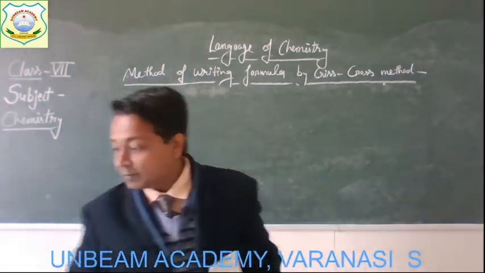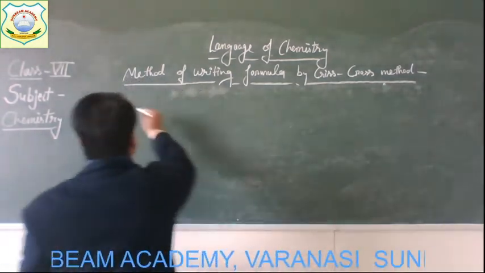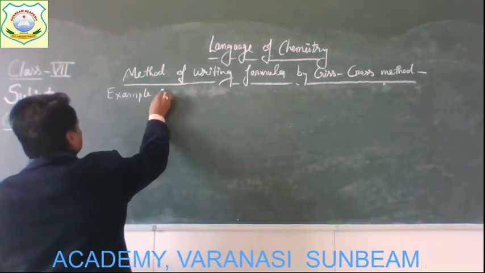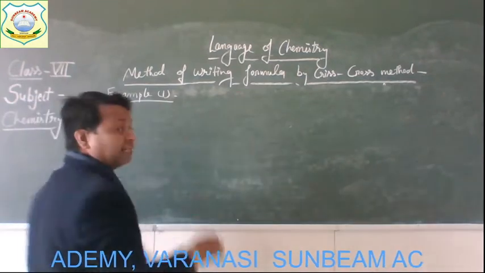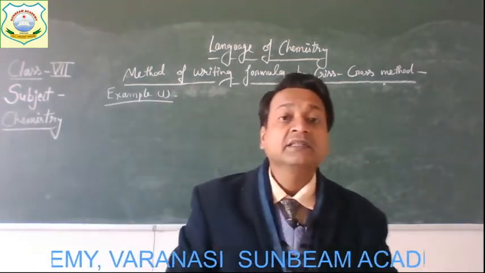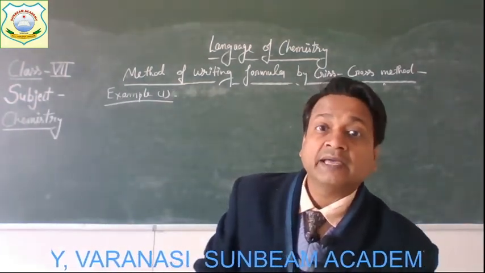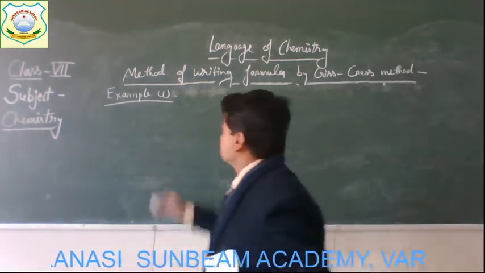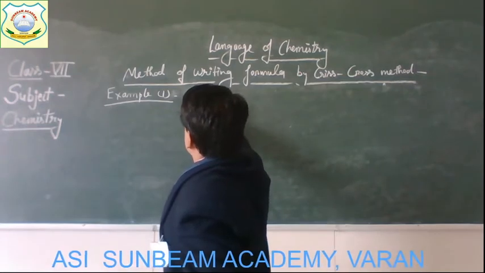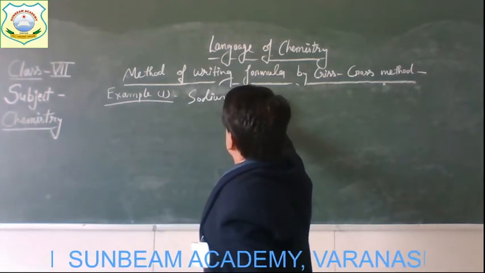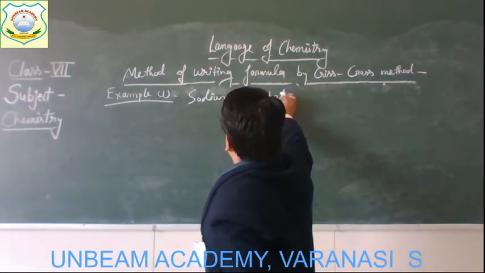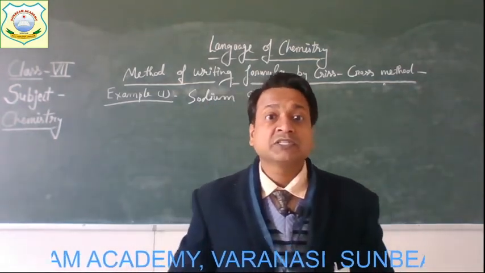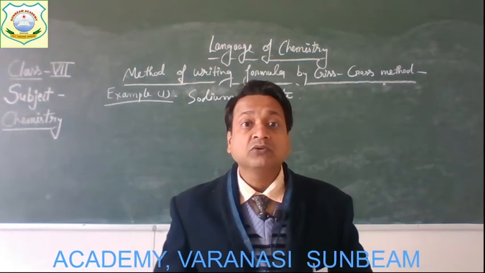Now take example number 1. In this example, we will write the formula of sodium sulfate. So children, remember the first step. In the first step, what will we do?